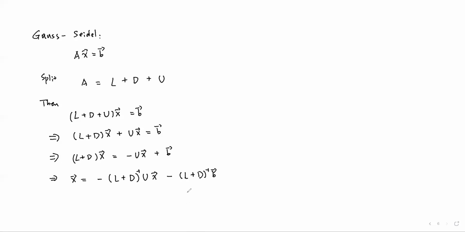Then we have a fixed point equation. Now replace the x on the left by u k plus 1, and the x on the right side by u k. This iterative scheme is called Gauss-Seidel.